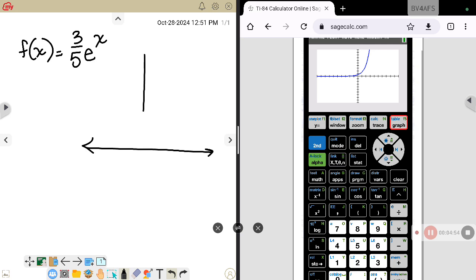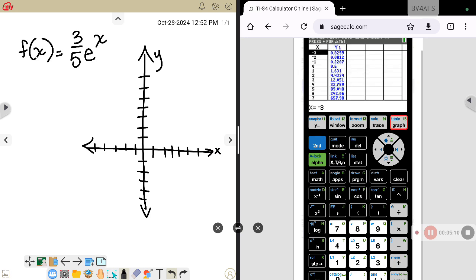So this looks like a normal exponential graph because remember that e is a number. It's that 2.71 number. So if we wanted to get a couple of points out of this table to plot: 0.6. So left and right 0, up 0.6.